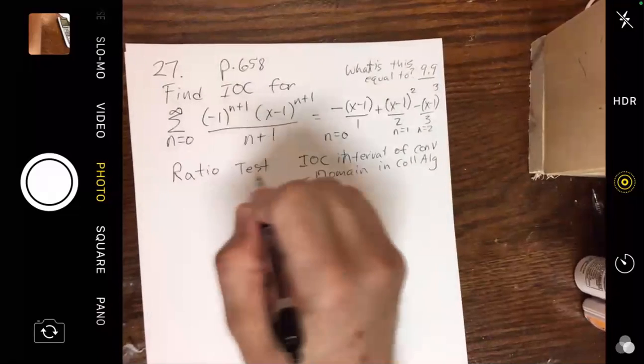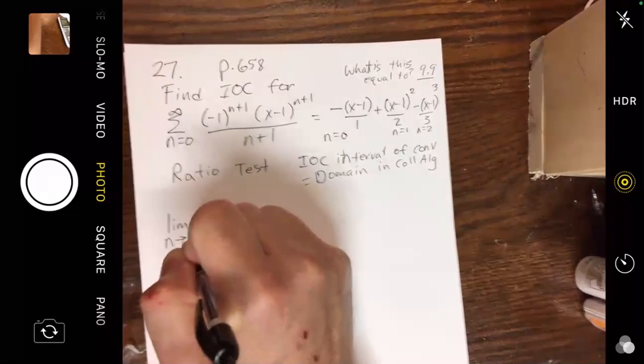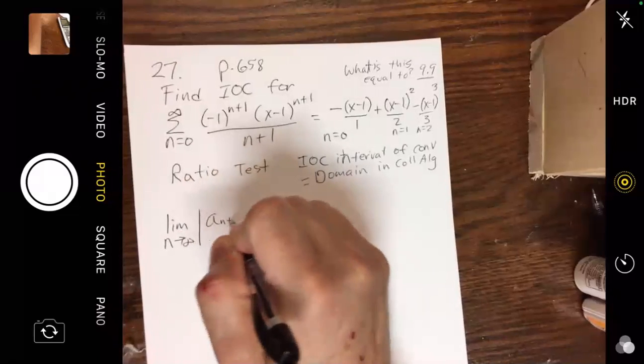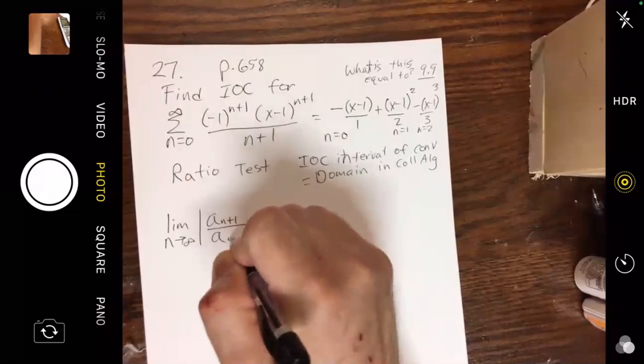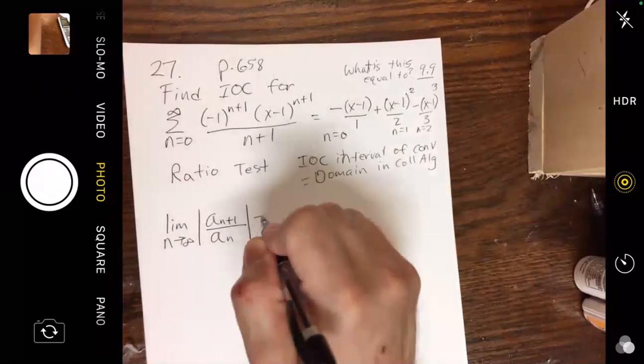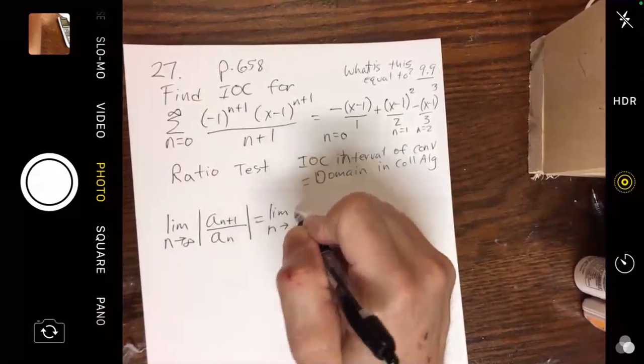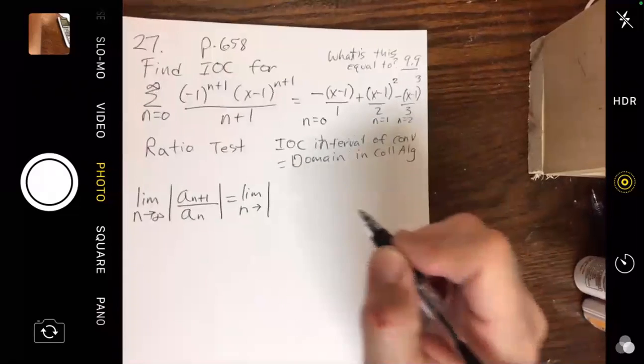So you find this with a ratio test, and you're taking the limit as n goes to infinity. I'll write it out real slow, the full ratio test. That's why they had you do those problems back in 9.6.